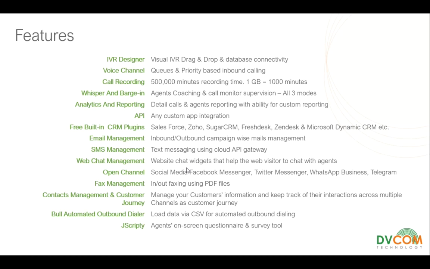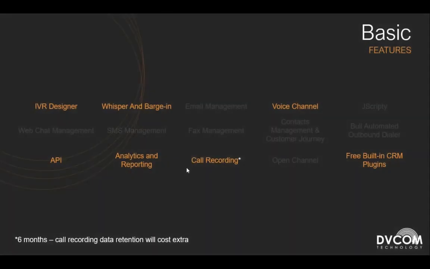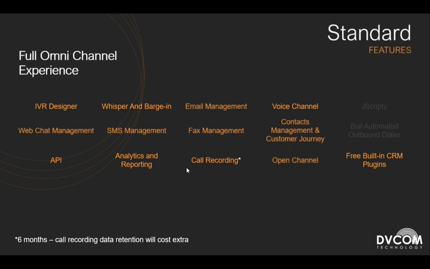Per month, per agent, the plans are available. This is one of the basic plans. In the basic plan, you go with the IVR designer, voice channel, and call recording, nothing much fancy, but you just want voice communications, IVR kind of things, and then queuing and reports, etc. We do have a standard plan which includes omni-channel, email management, open channels, social media, web chat, and all these are available as the standard features.